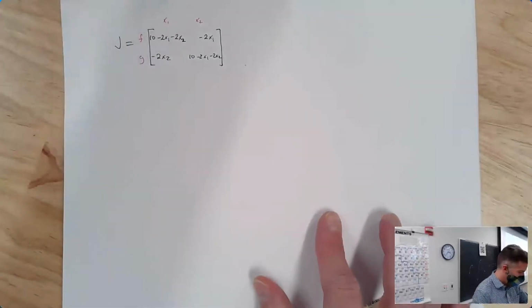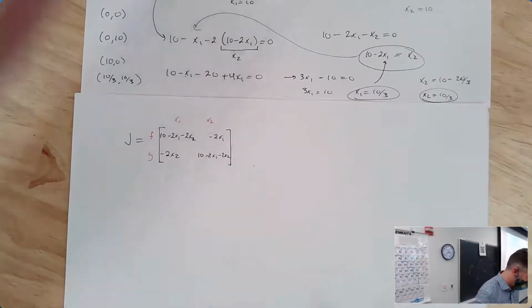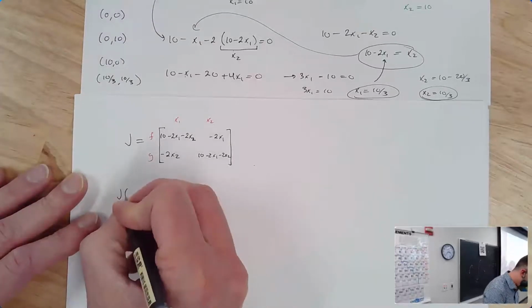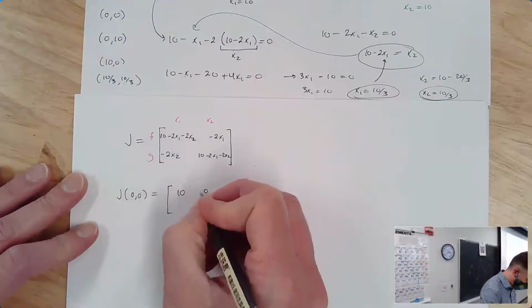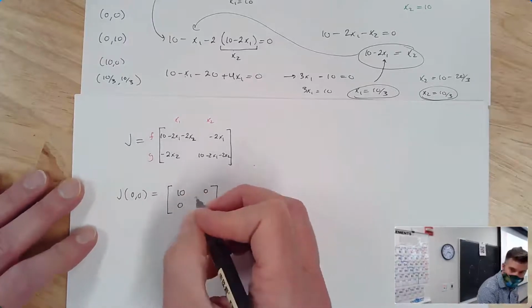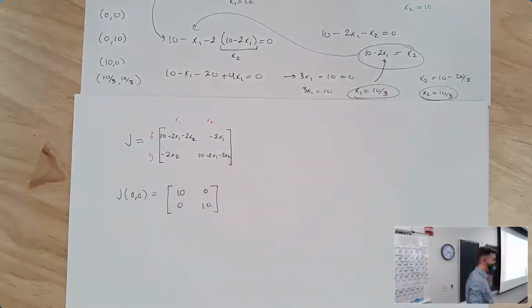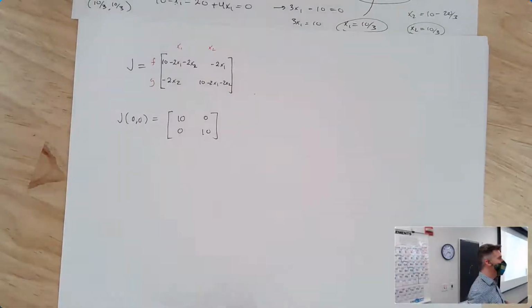Let's go ahead and evaluate this Jacobian at all these points. Okay, so the Jacobian at 0, 0 is, oh, that's going to be lovely, 10, 0, 0, 10. And everyone should be able to look at that matrix and, without doing any other work, maybe after a minute of thinking, classify the equilibrium.